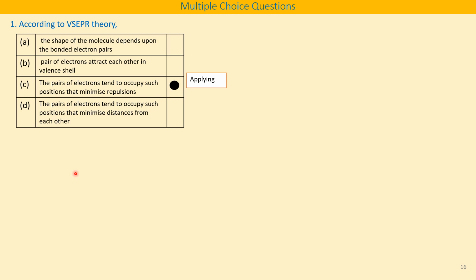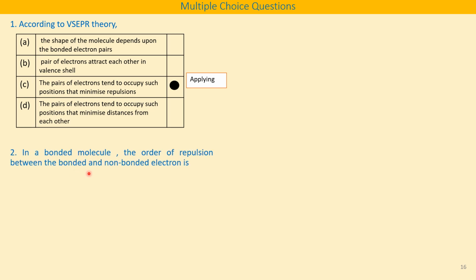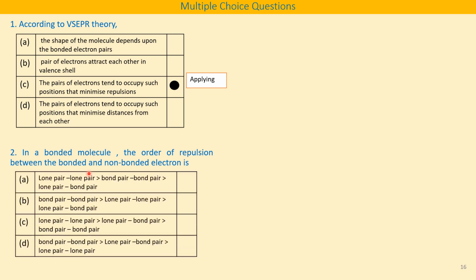So the correct answer is: according to VSEPR theory, the pairs of electrons tend to occupy such positions that minimize repulsions. Next question. In a bonded molecule, the order of repulsion between bonded and non-bonded electrons is: option A, LP-LP greater than BP-BP greater than LP-BP.